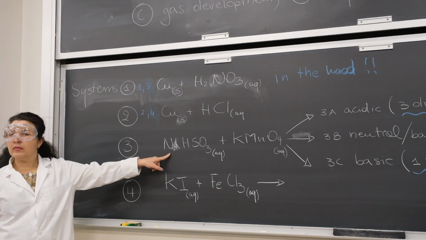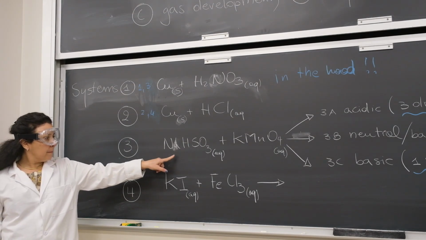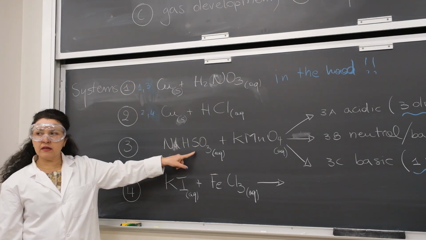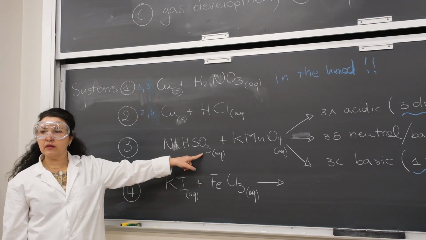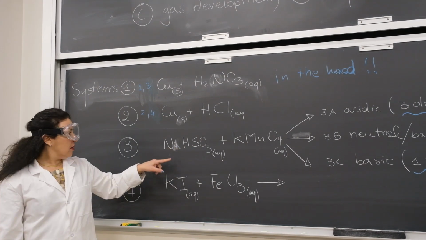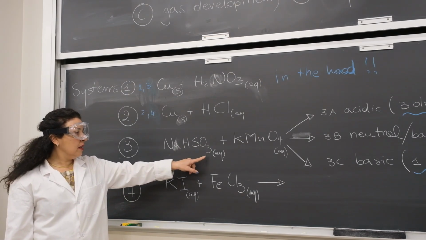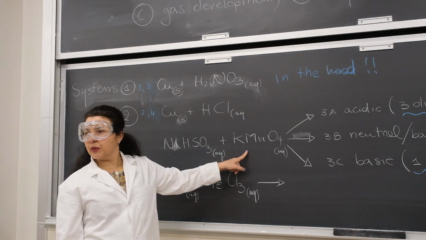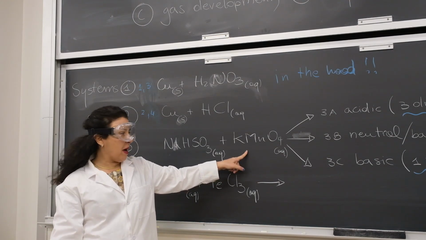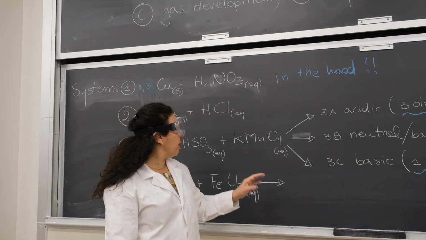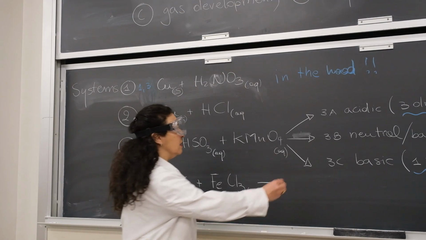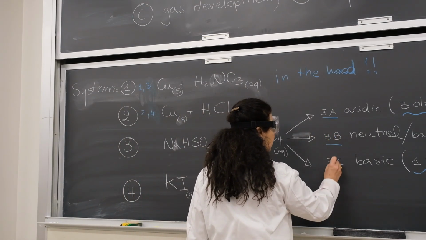Sodium hydrogen sulfide, or sodium bisulfite, with potassium permanganate, and we're performing the same reaction in 3 different ways.